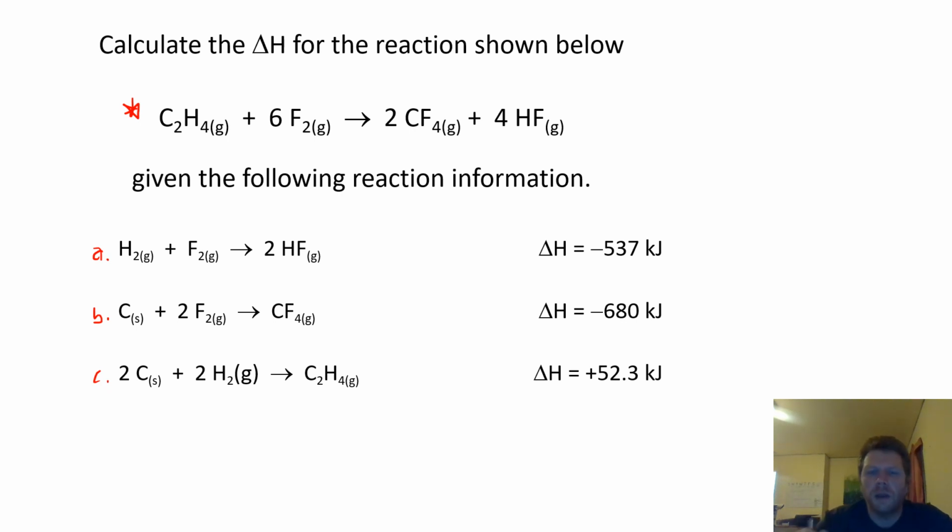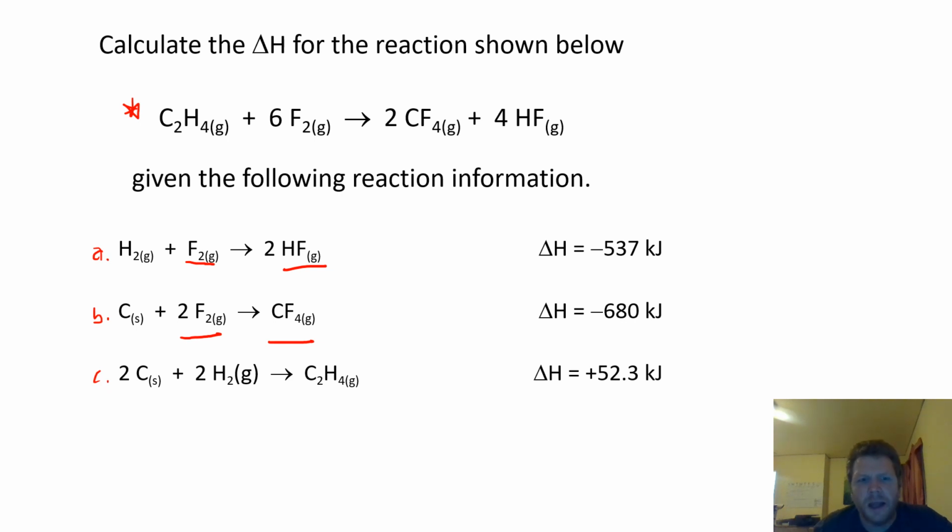Whenever I look at my overall reaction, the only things I see that are common are F2 as a reactant and HF as a product. When I look at reaction B, I don't see carbon as a reactant or a product in my overall reaction. So I'm looking at my individual reactions and comparing them. I've got 2F2 and CF4, and CF4 is a product there.